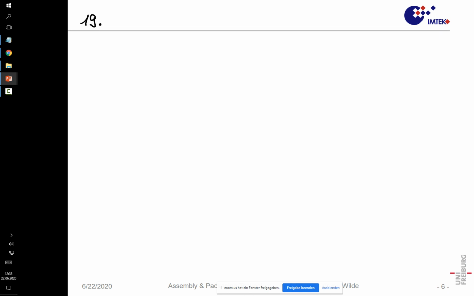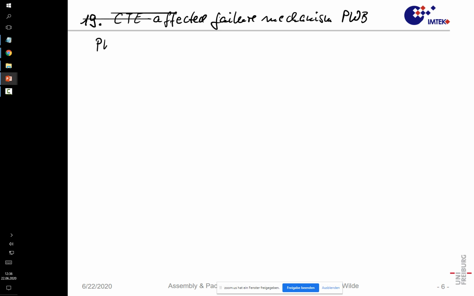So, CTE. In the CTE problem in a printed wiring board, what are the materials involved in a printed wiring board?